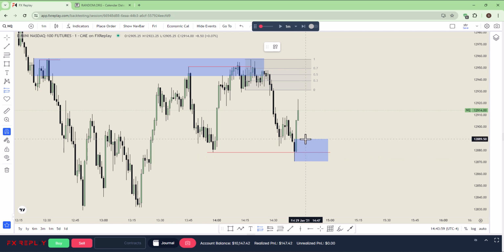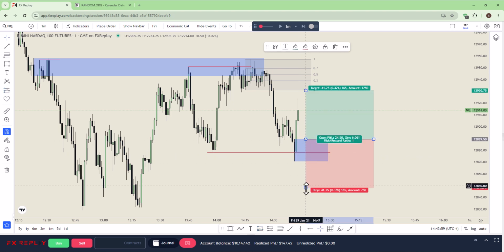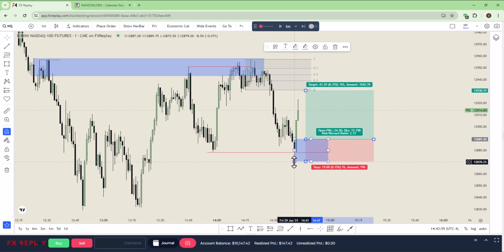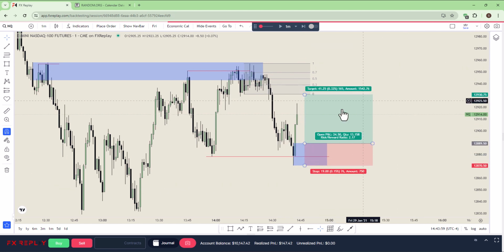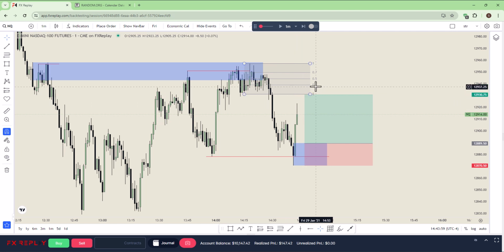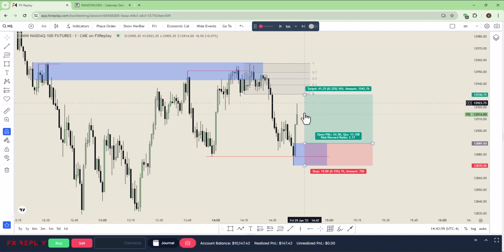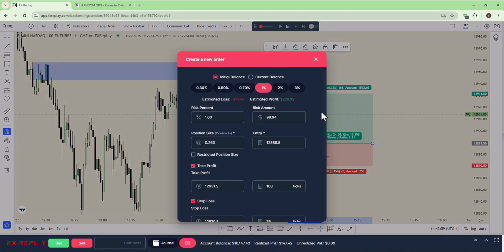Let's put it at the start, maybe, because price already traded above. I'm not expecting a deeper pullback. If it presents a pullback, which I'm not very sure about, we're gonna target this unmitigated 5 minute candle, all right, for 2.2 R. So let's see.